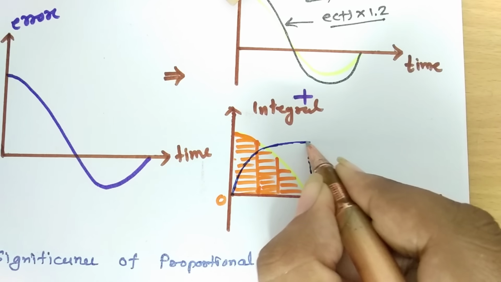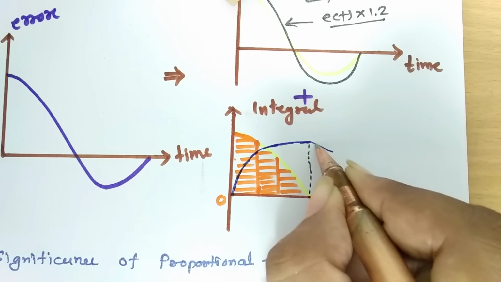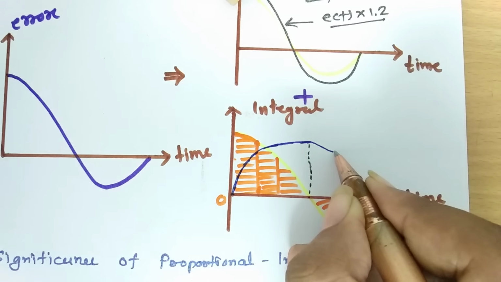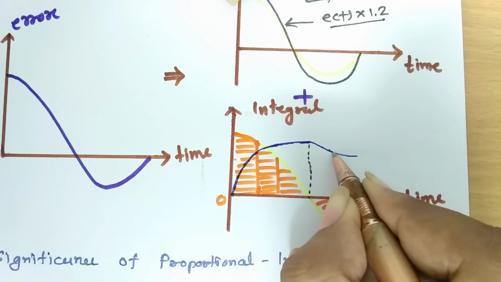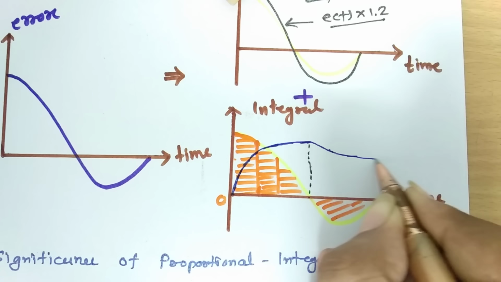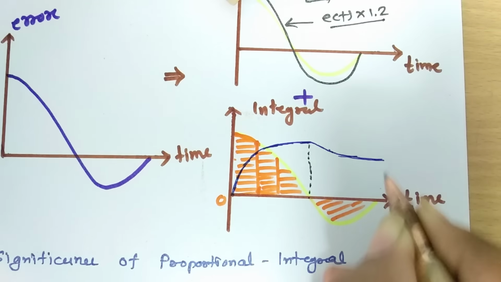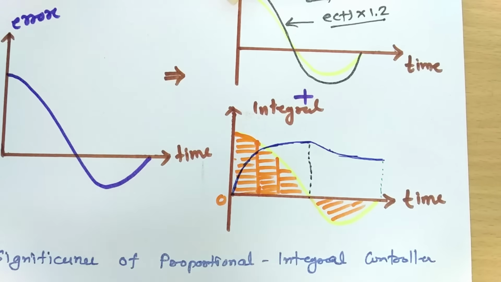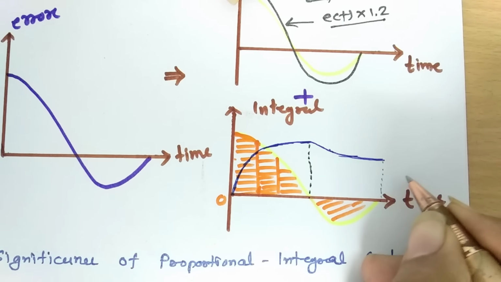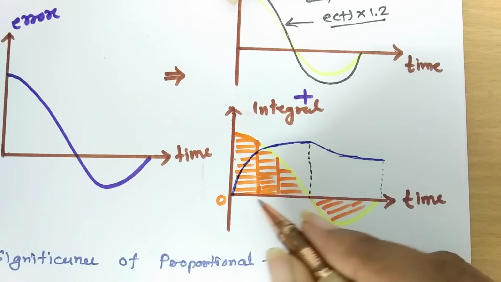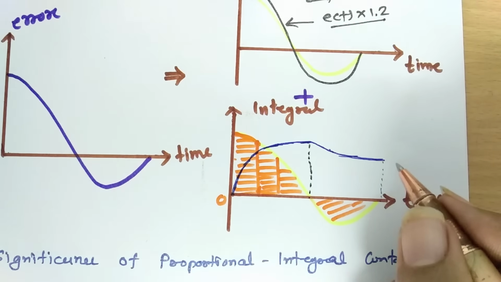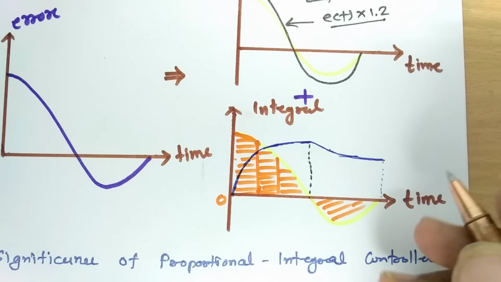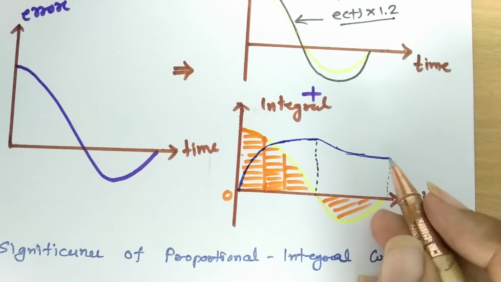So now one can see this output of integral, now that is what start to decreasing, and that will decrease up to it is negative. And as this is getting positive, again integral part's output for integral controller, that will now start to increase.